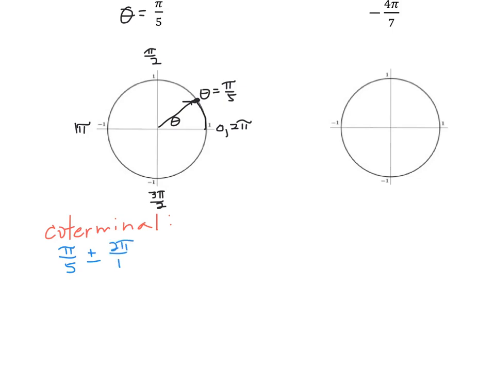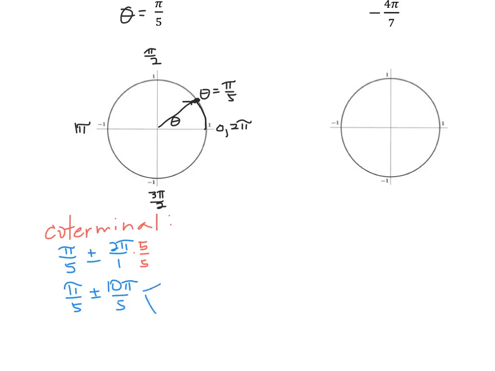Remember, to add and subtract, we need to get a common denominator. If we have pi over 5, we're just going to take our 2 pi over 1 and multiply it by 5 over 5. And what that does is it changes that 2 pi over 1 to be 10 pi over 5. And now we have a common denominator.